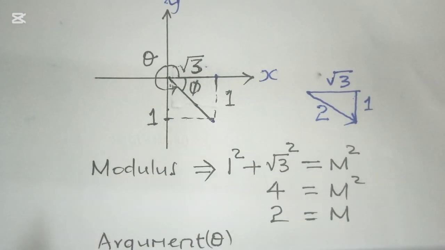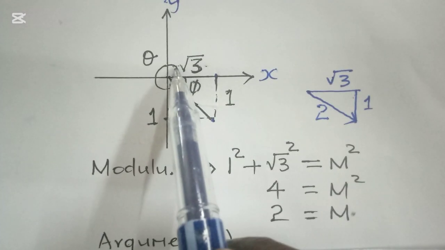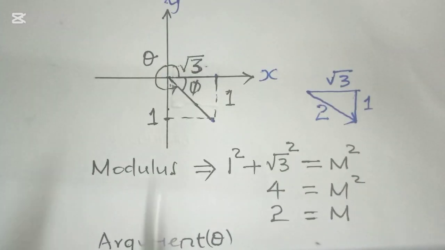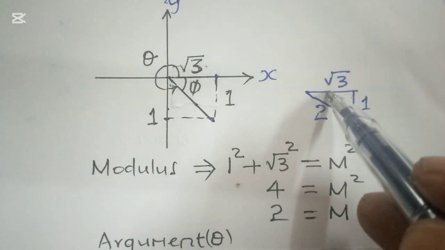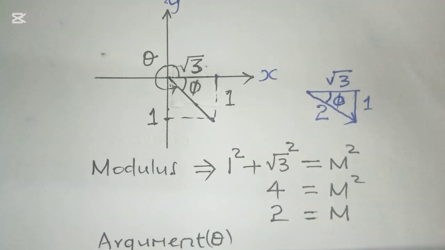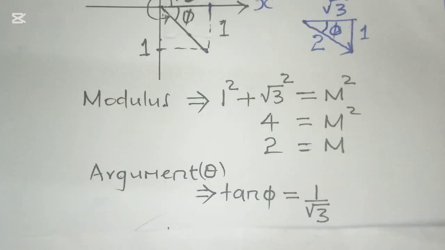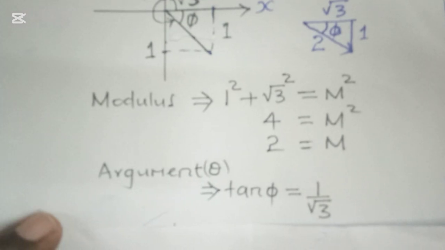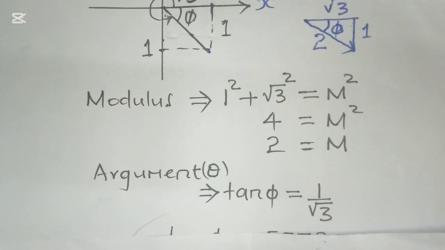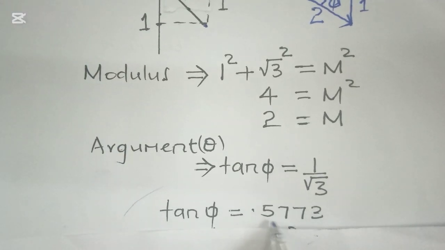For the argument, this one comes from this point. That is on the first quadrant, and it goes round up to where our line is. That gives us the argument theta. For us to get that theta, we can find the angle here, which we are calling phi. And that angle can be found by saying tan phi is equal to opposite over adjacent, which is 1 over square root of 3 right here. So tan phi equals 1 over square root of 3, and that gives us 0.5773.